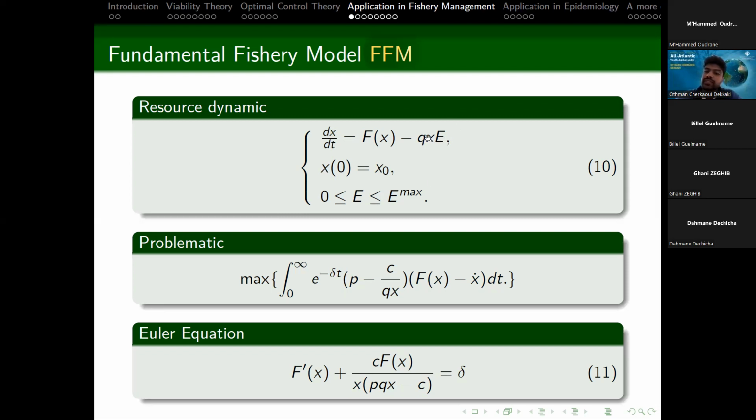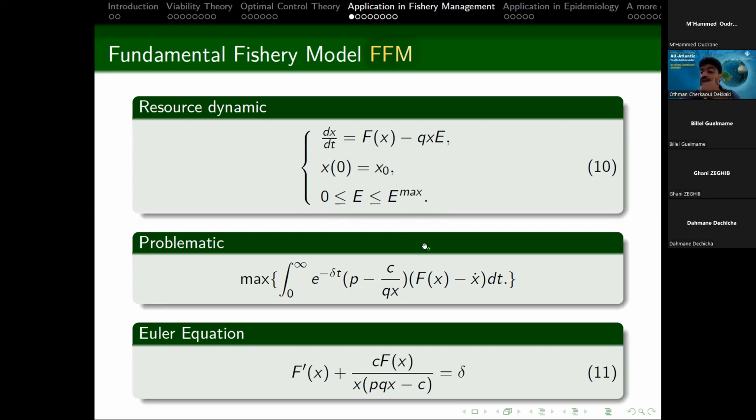And here you see the efficient effort. The e needs to be between 0 and e maximum. You're gonna start to think that this is a dynamical one. So you can see that e could be seen as a control variable. You're gonna control e to satisfy that the stock of fish needs to be in some kind of set. And here you have e should be bigger than 0 and smaller than e maximum.